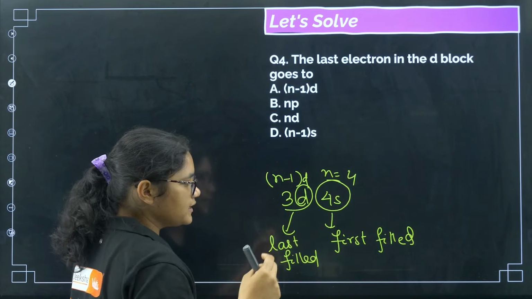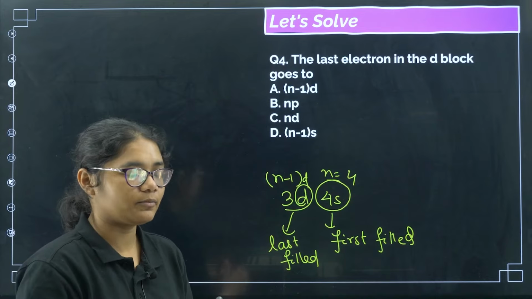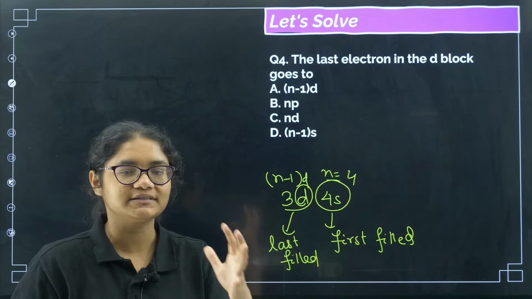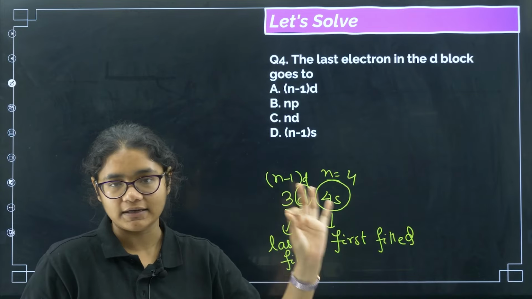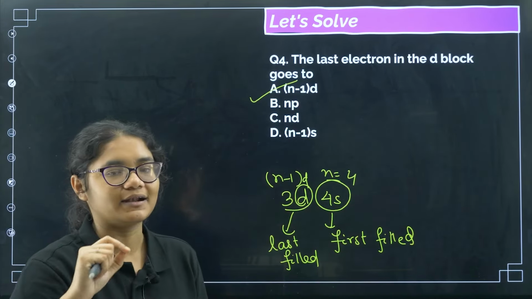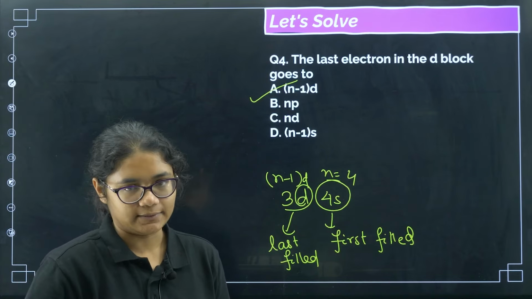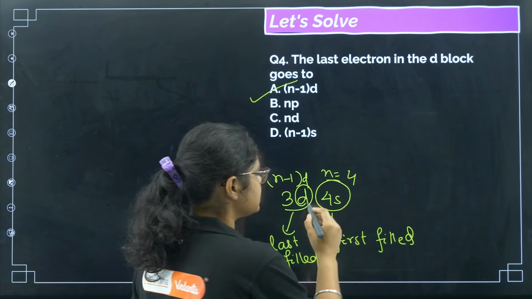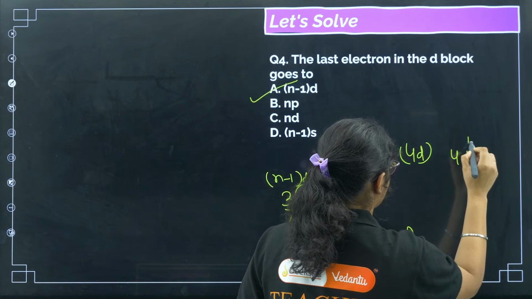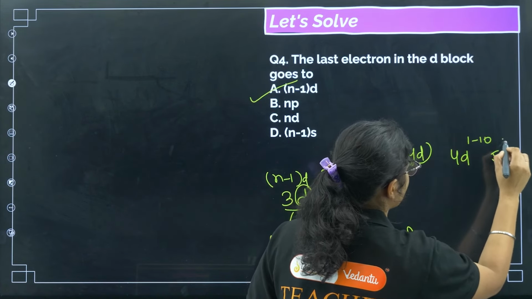So where do the d electrons enter? The d electrons enter the (n-1)d orbital. So the correct answer for this question is option A, that is (n-1)d. This is for the 3d series. For the 4d series, the electronic configuration is 4d 1 to 10, 5s 1 to 2.